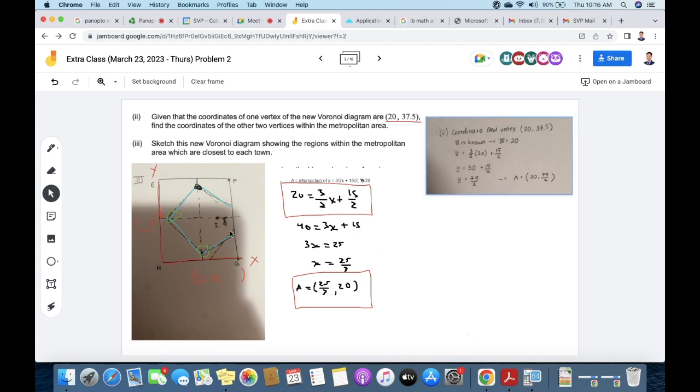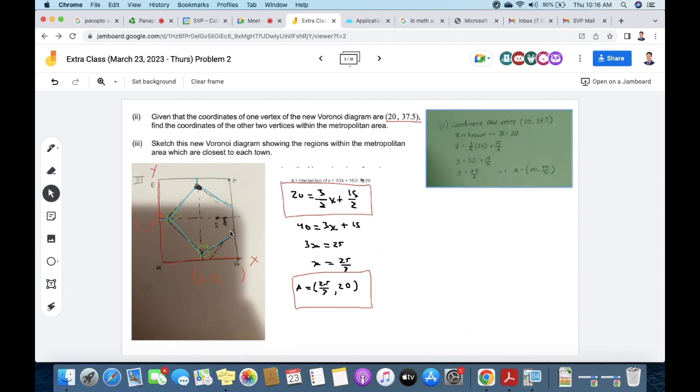Let me just write it here. Okay, we wanted to find the perpendicular bisector of IG, the equation of that line. Do you all follow?